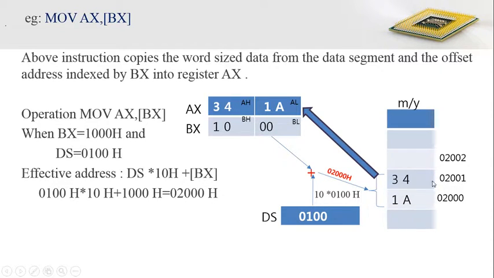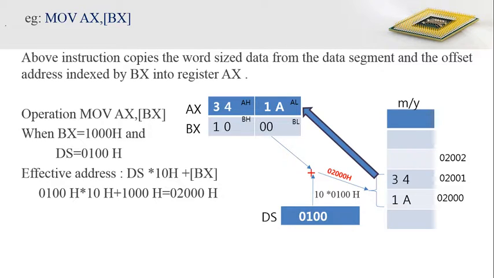So these are the 16 bits of memory content we need to transfer into our register AX. So this 34 comes in the higher byte of AX and 1A comes in the lower byte of AX. So this is the exact meaning of this instruction, MOV AX, [BX].